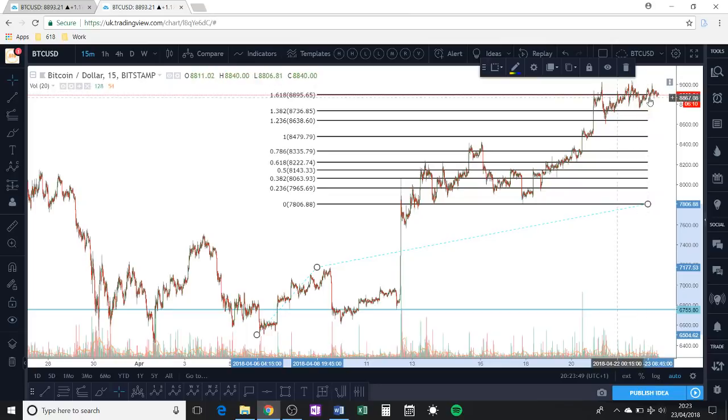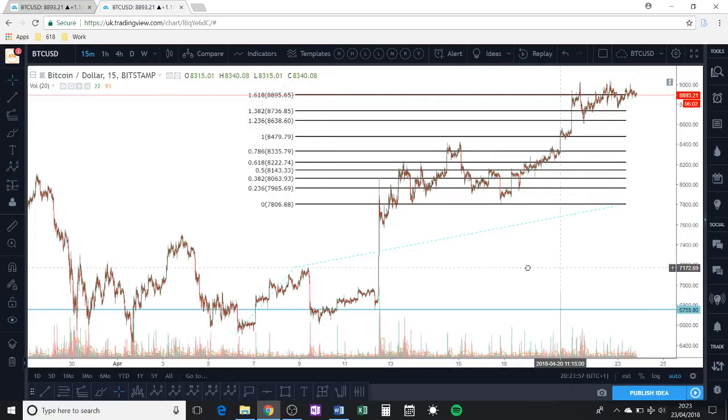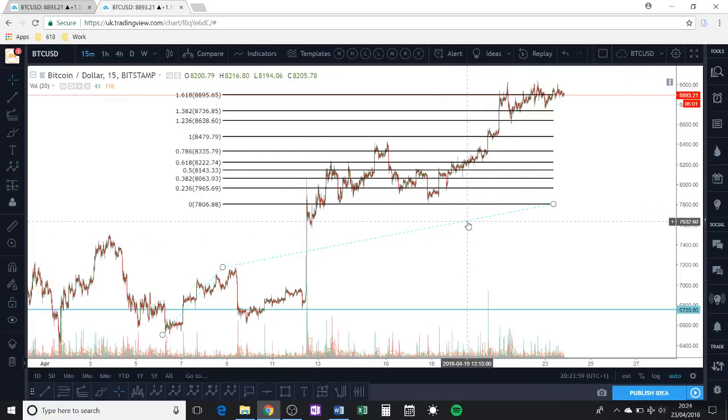Whether this is distribution and it's going to roll over, we'll soon see. You can see diminishing volume here. It's going to make a decision very soon. And so that's using fibs to count these 5 waves up.